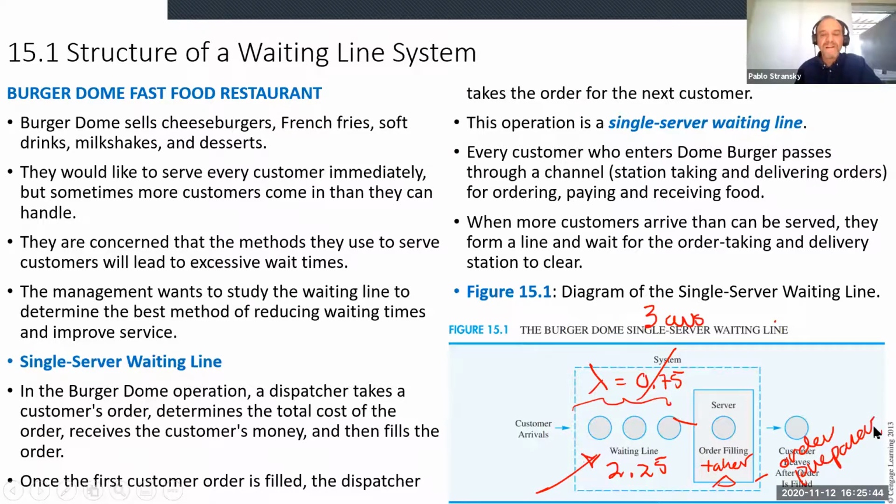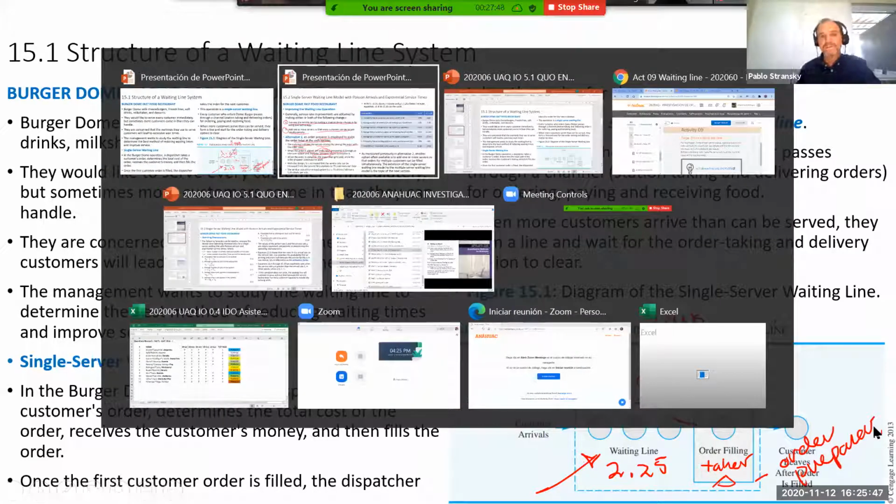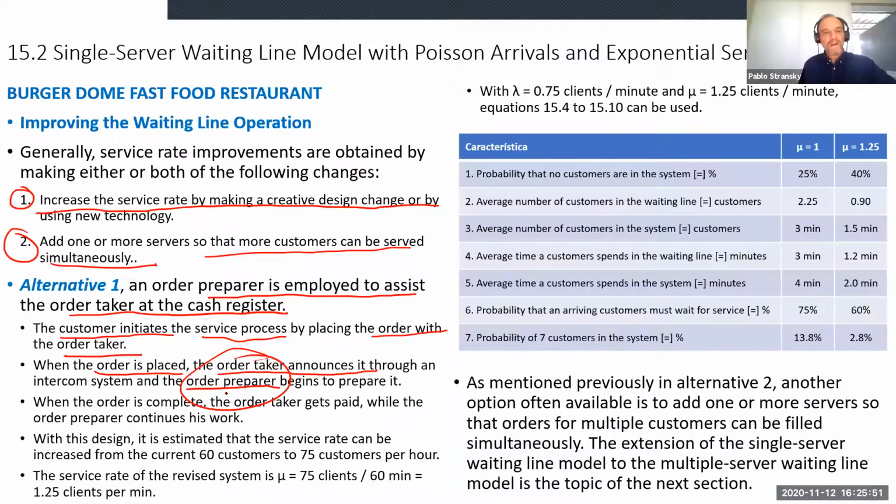Okay, that's how it's supposed to work at McDonald's, but sometimes it doesn't. I will explain why. While the order is being completed, the order taker gets paid, okay, while the order preparer continues his work.